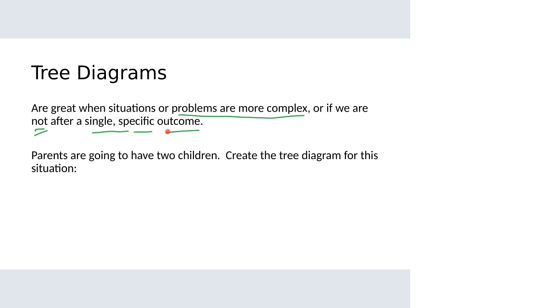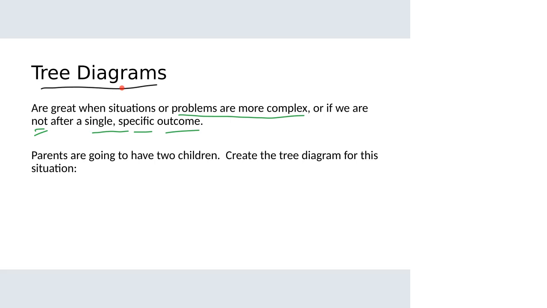When I say single specific outcome, what I mean is like red followed by green, red followed by white, white followed by green, interview followed by job. Those are very specific. What we're going to see shortly are some problems that aren't necessarily looking for something like that. And in order to keep track of all of our outcomes and all the probabilities that go with them, we're going to create tree diagrams.